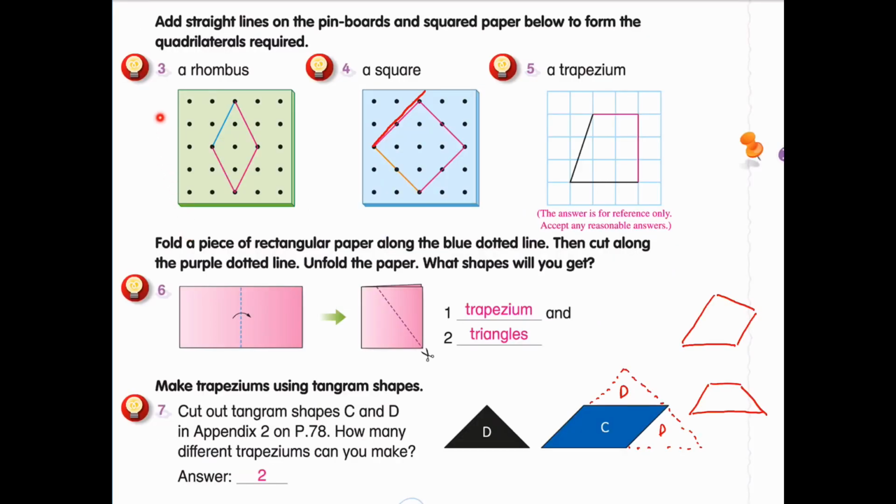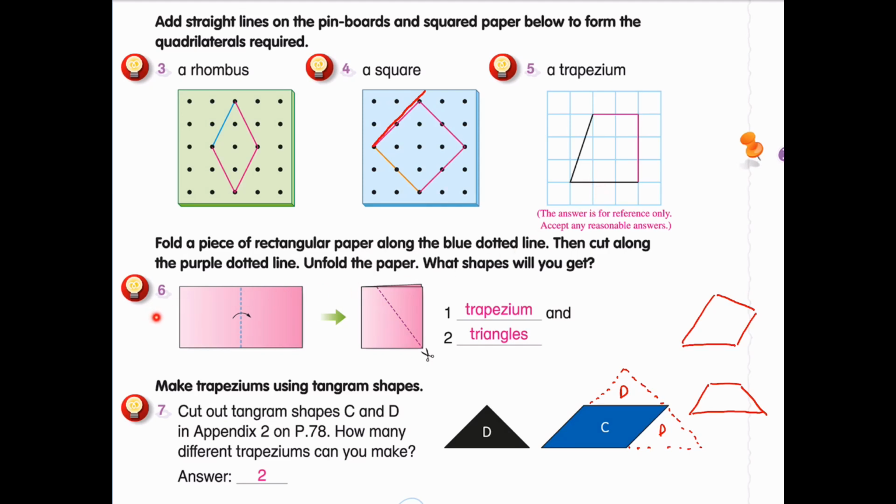And for question 3 and 4, remember, try to draw the lines really nicely with the end of the line touching the middle of the dots. Otherwise, if you draw it something like this, the four sides wouldn't have the same length. And for question 5, this is for reference only. You can draw this trapezium in another way.